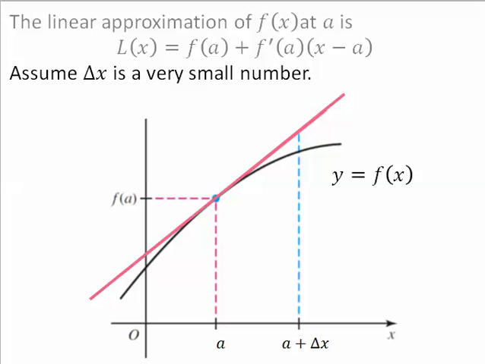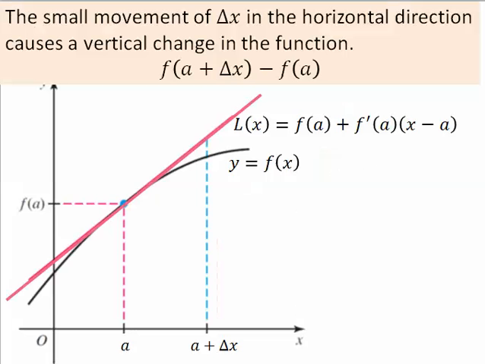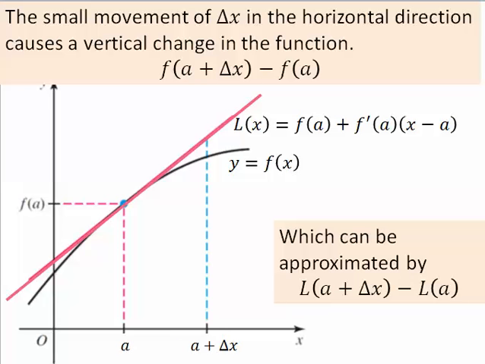Let's move a little bit away from our point A. Let's move a distance of delta x. The small movement of delta x in the horizontal direction causes a vertical change in the function, which can be approximated by a vertical change in the linear approximation.